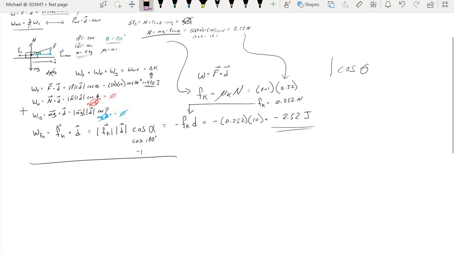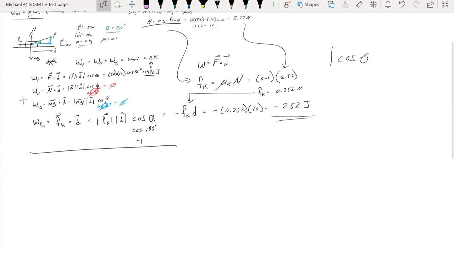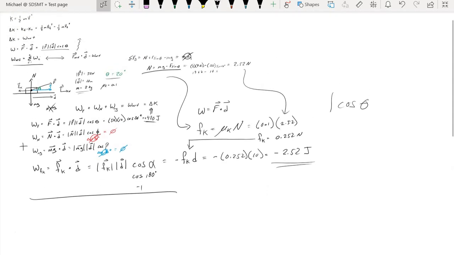You should never have a friction force that does positive work, because positive work implies that energy is being put back into the object. This would imply that the object is increasing its kinetic energy, or that it's going faster. That's not how friction works. Friction does not make things move faster. Friction slows things down, hence the minus sign.